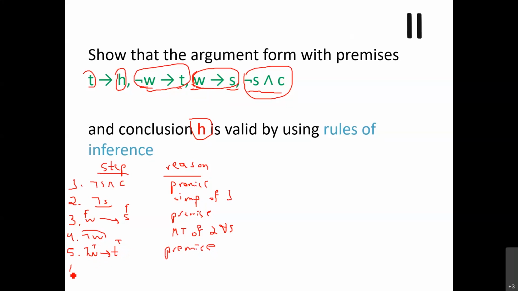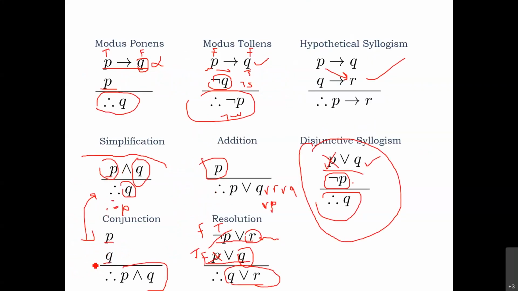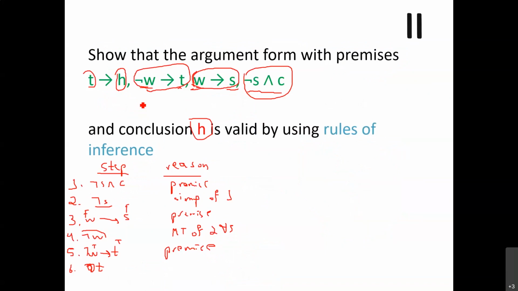So I can write that it's just T. And I can go to my sheet if this was an open book exam, and I'll get the rule name is modus ponens. So modus ponens of 4 and 5.